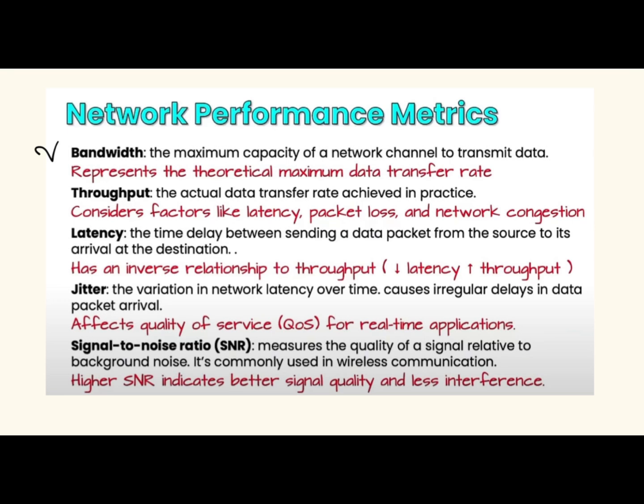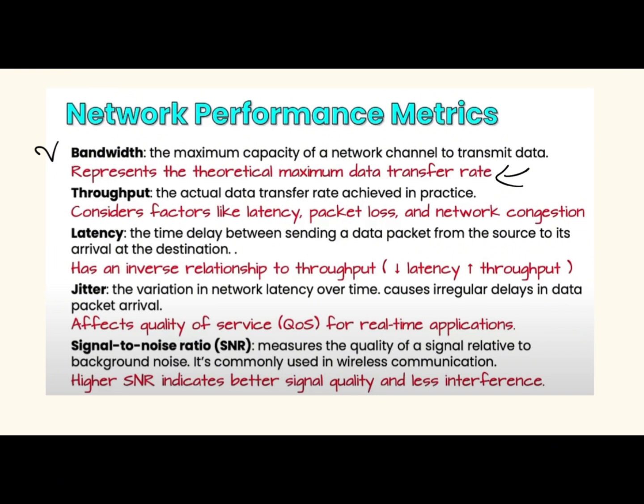But in reality, sometimes you do not get that much bandwidth. So, the maximum capacity of a network channel to transmit data. It represents the theoretical maximum data transfer rate.